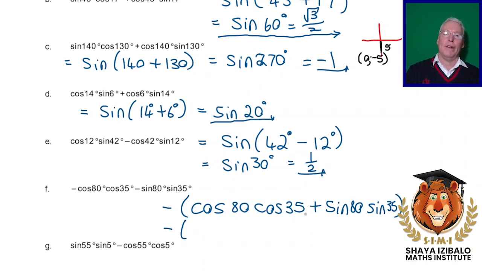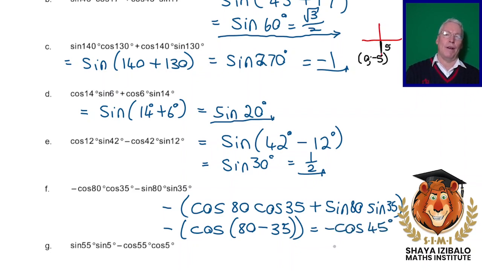Now this is cos of 80 minus 35. 80 minus 35 is 45, so our final answer here is negative cos of 45. And 45 is a special angle, negative root 2 over 2.